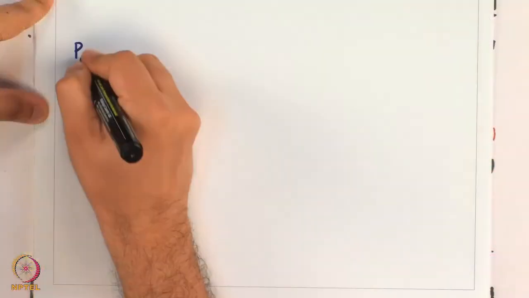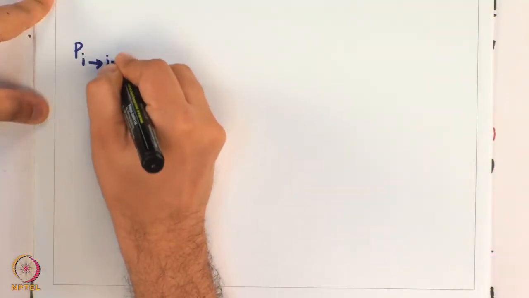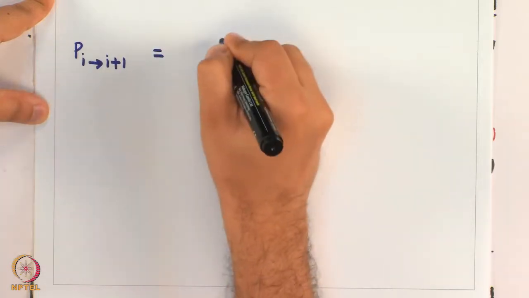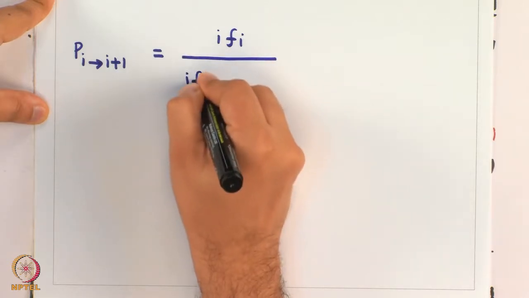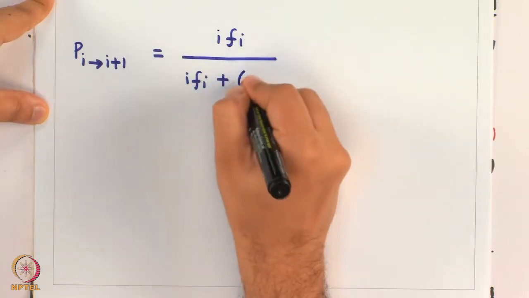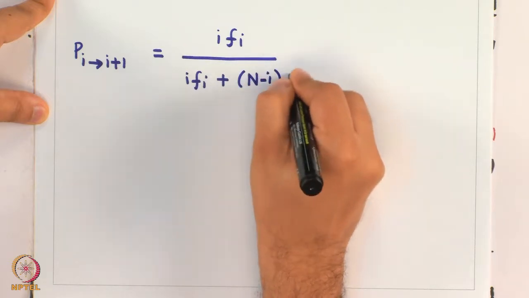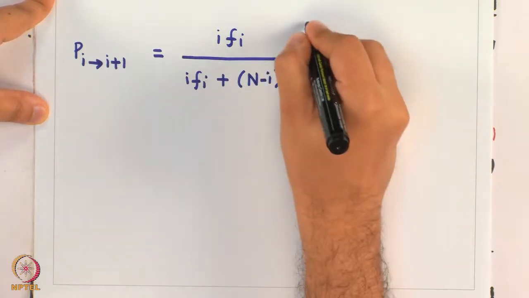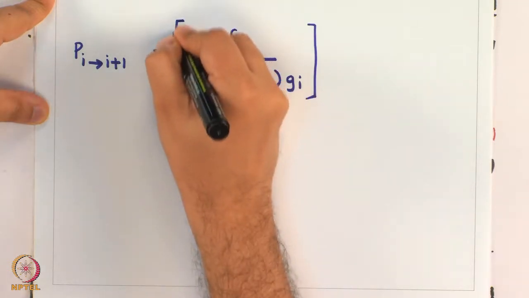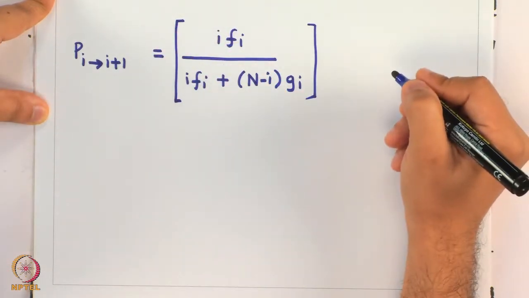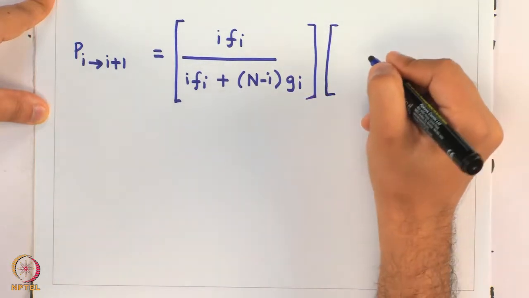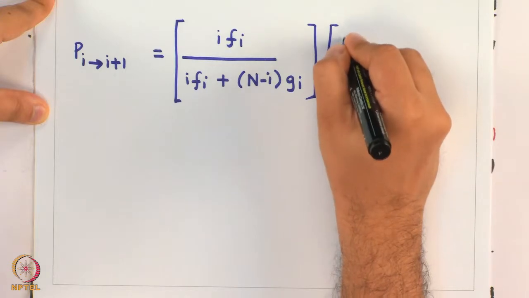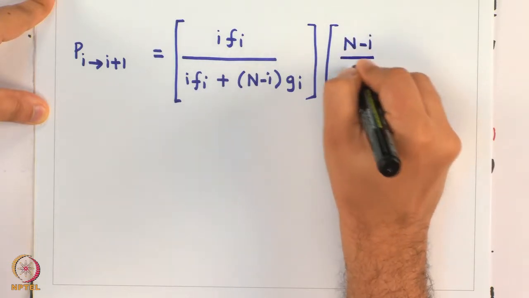Just to rewrite this, we had derived the transition probability from i to i+1 as i F_i divided by i F_i plus (n minus i) G_i. This is the probability associated with selecting an A type individual for replication, which has to be paired with the probability that a B type individual gets selected for death, given by (n minus i) upon n.